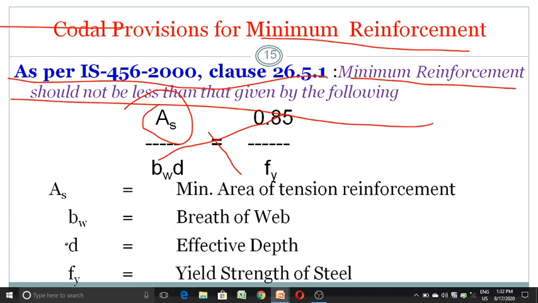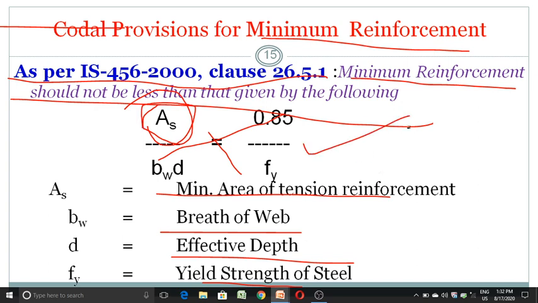Here As is the minimum area of tension reinforcement provided, bw is the breadth of the web, d is the effective depth, and fy is the characteristic strength of the steel, or I can say yield strength of the steel, right? So the area of steel provided in the flanged T-beams should not be less than the area we calculate from this formula, right?